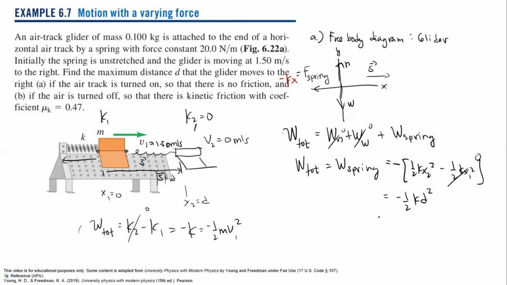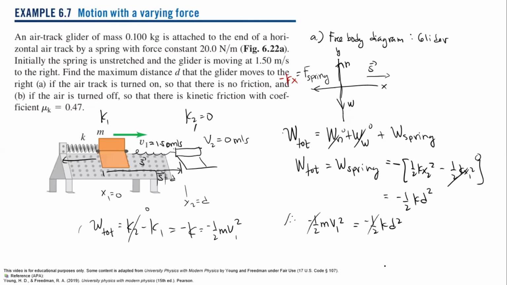That is the work total. Since the work total is equal to this one and also equal to this one, you can equate them. Therefore, negative 1 half mv1 squared is equal to negative 1 half kd squared. And cancel this one.